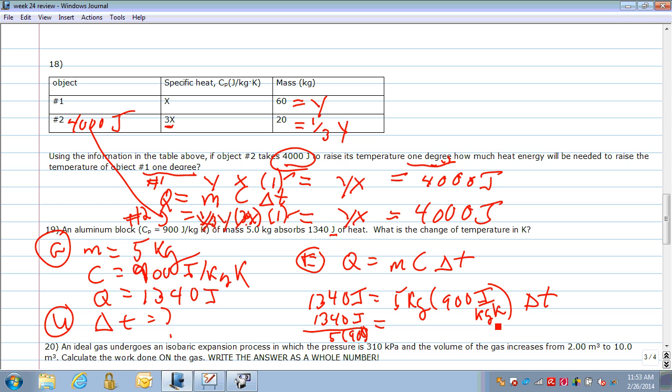So your answer there, if you do it correctly, comes out to, I believe, 0.29. Somebody do it? 0.2977 something, so it's 0.298 rounded off. Okay?